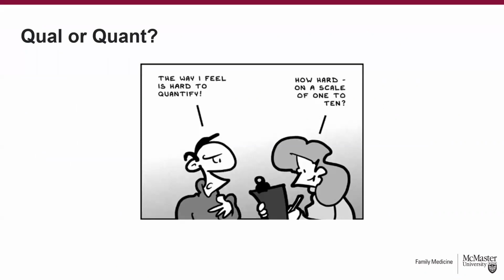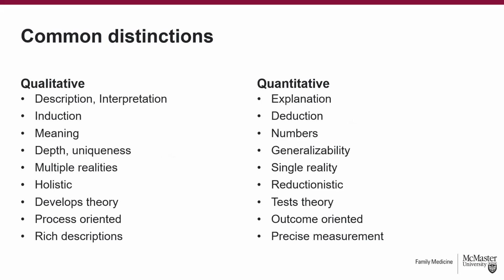So just to help you further understand some of the distinctions between qualitative and quantitative approaches, here's a little bit of a chart. Qualitative strives to describe or interpret research rather than quantitative, which tries to offer an explanation. Qualitative relies more on an inductive mode of reasoning as opposed to deductive. More interested in meaning than numbers.